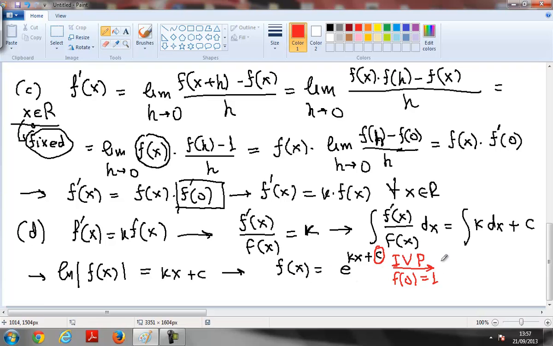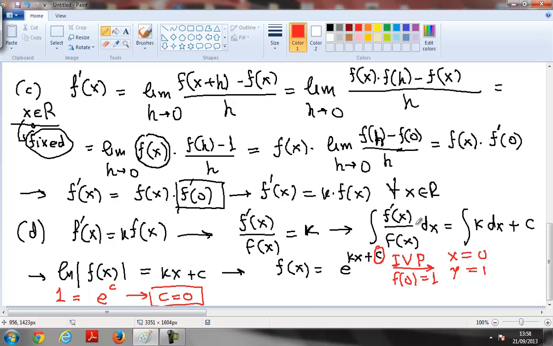So I substitute in that relation x by 0 and f of x or y by 1. Then I have 1 equals e to the power c. If you solve that, you find that c equals 0.